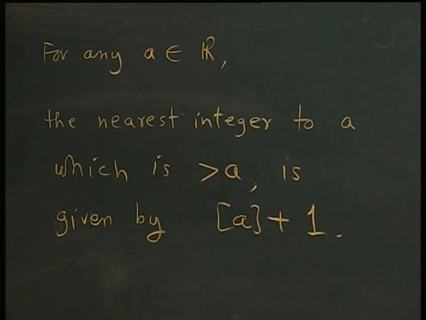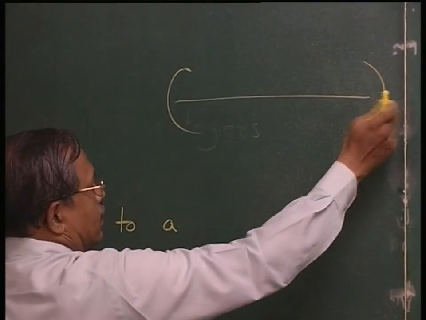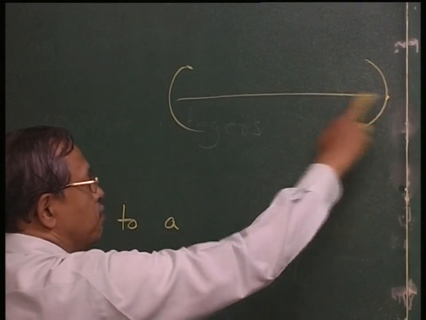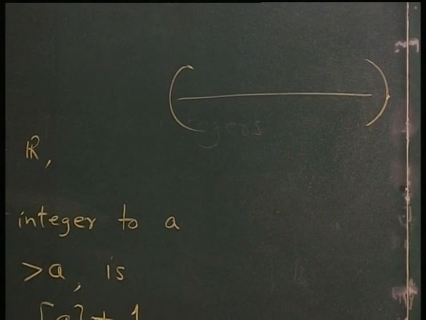Now I want, given an open interval like this, an integer which is smaller than this. And how do you get that?